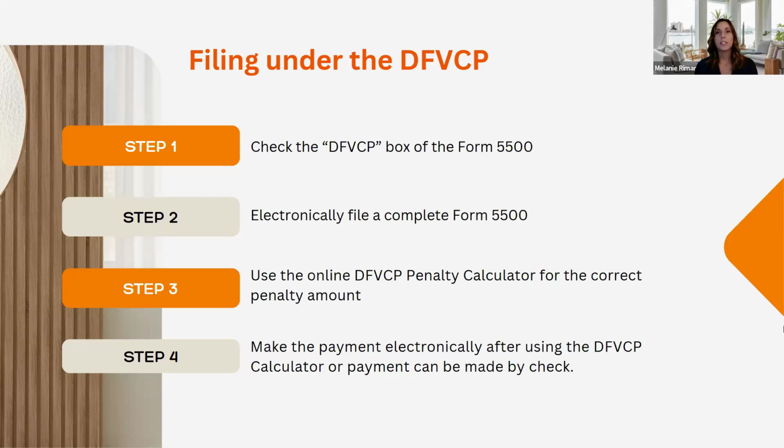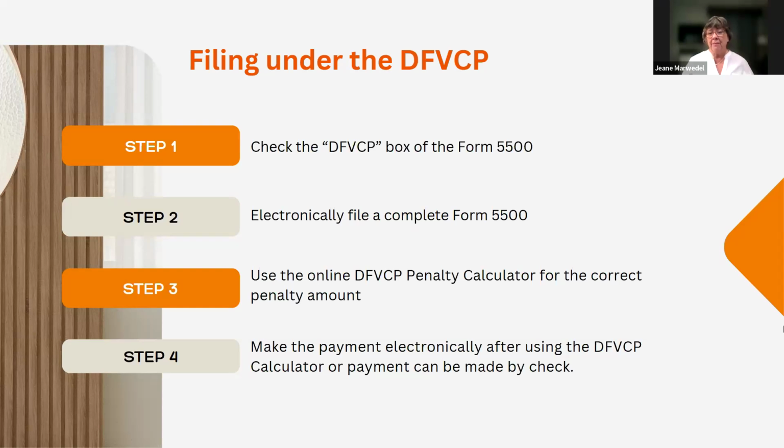And then after it's been e-filed, you're going to go to the DFVCP penalty calculator website and answer a few questions, and they'll assess the penalty for you. And then from there, you can make the payment. You can also mail a check in if you would prefer that. That's still an option. But that's it. You mark a box, you file, you go to the website, assess your penalty.